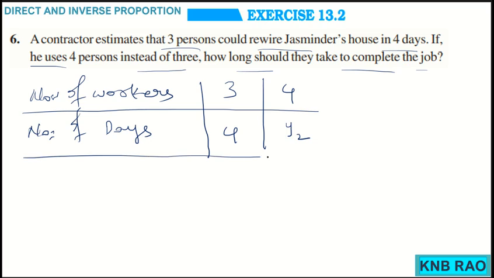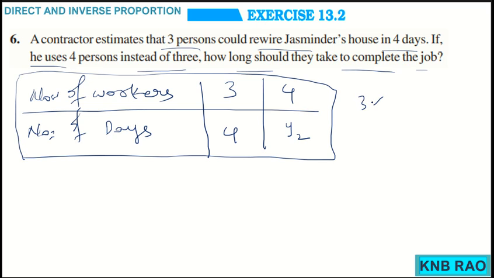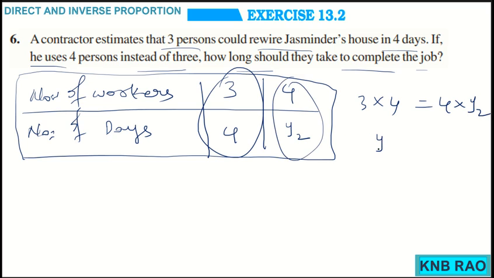You know, here again, the more the workers, the less the time to complete. So, the product should remain the same. This product 3 into 4 equals 4 into y2. It implies y2 equals 3 into 4 upon 4, it gives 3 days. So, complete the conclusion portion.